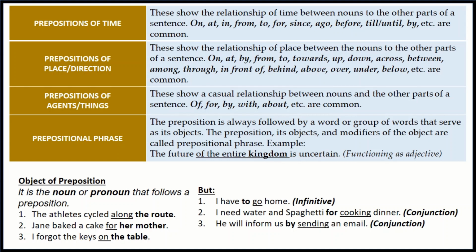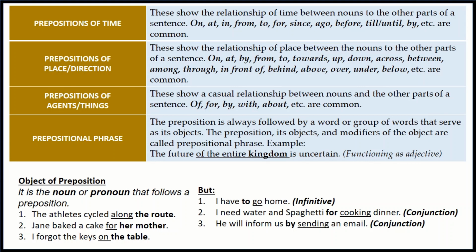They can be infinitive or conjunction. For example, I have to go home. To, although we have studied that it is a simple preposition, but over here it's infinitive because after to we have a verb go, to go, so it's infinitive.